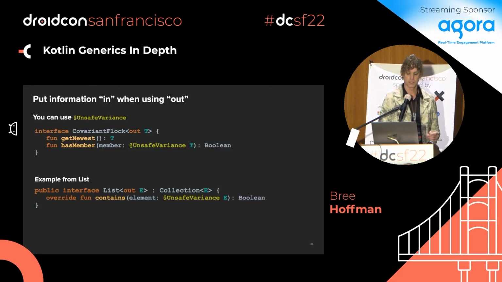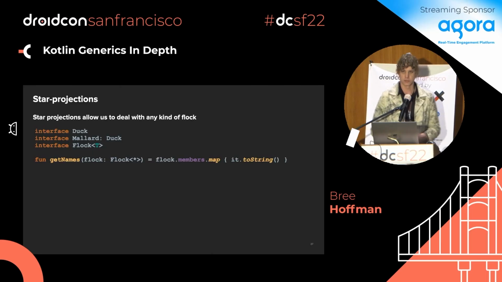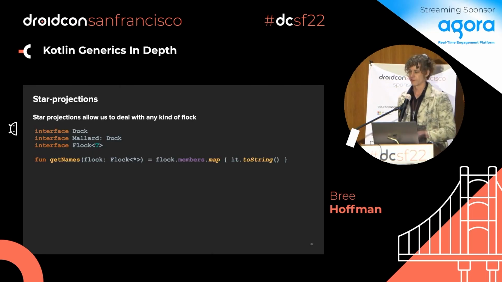But there's another kind of type projection called star projection. And if you've written a lot of Java, this is also known as a kind of wildcard. I'm not going to reference the Java implementation because it will just distract. But the asterisk here references that we're using a star projection.